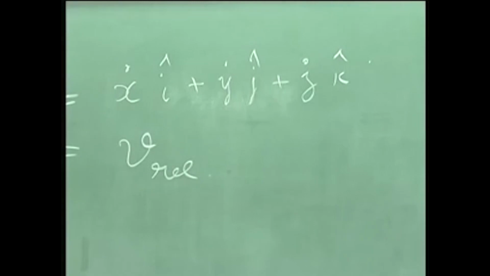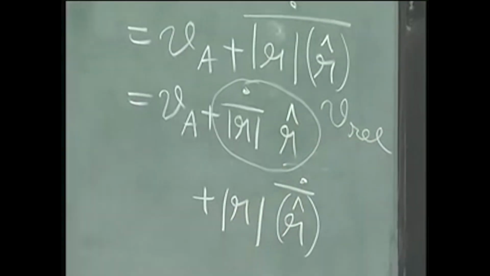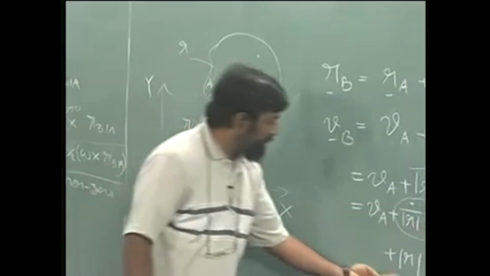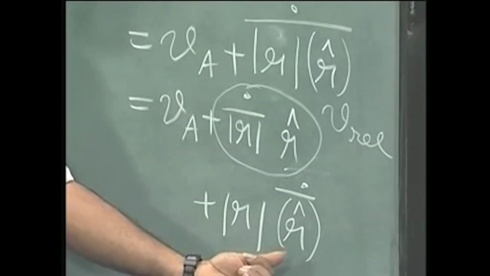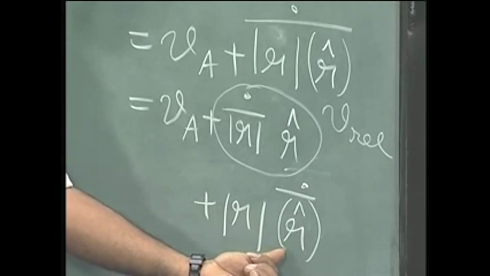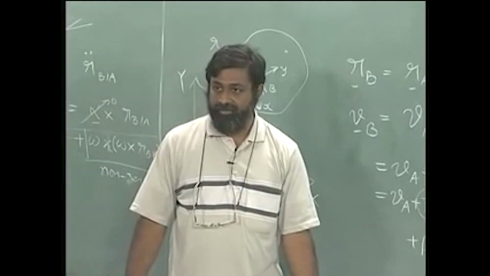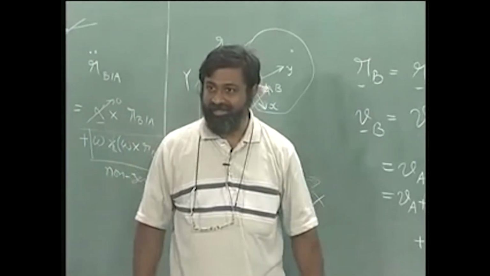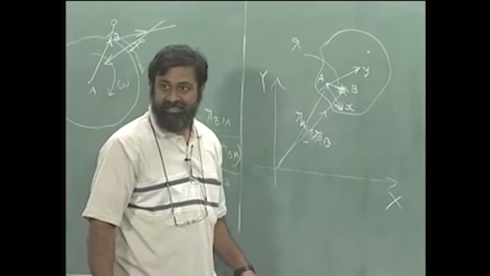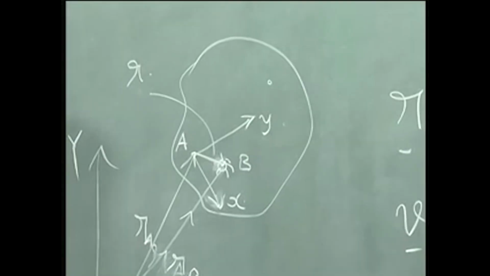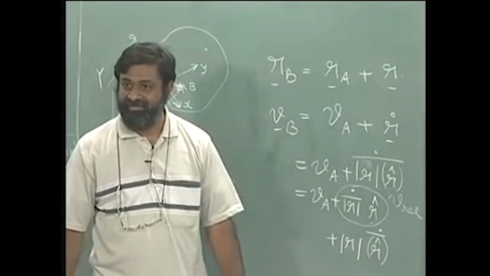So, what I know now is this is V relative, correct, and there is one more term here, which is the magnitude of R times the derivative of the direction R cap. How do I find out the derivative of the direction? If there is a rotation occurring, so I know that this is rotating, right. If it is rotating, how do I find out this? It is nothing but omega cross R cap, okay.